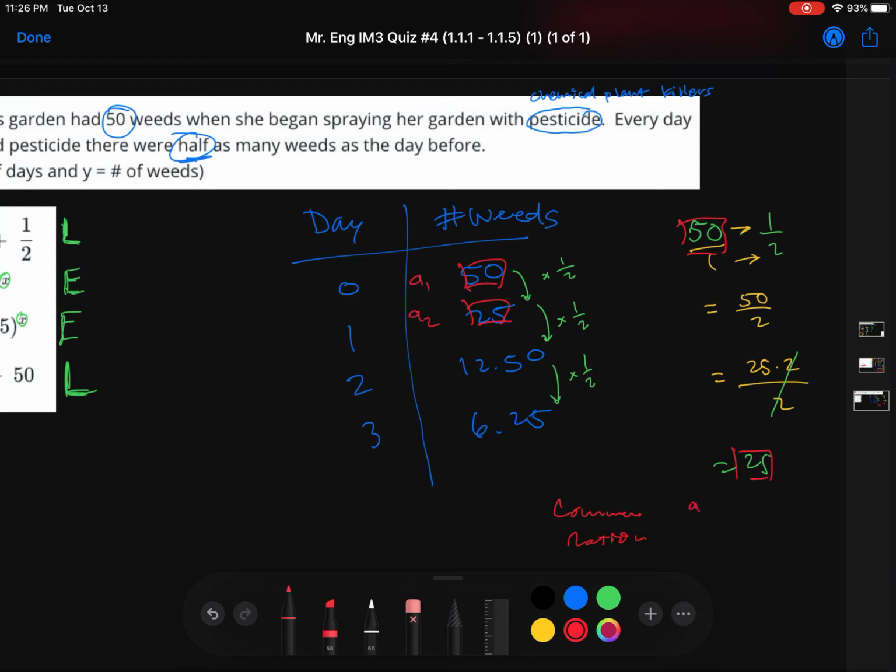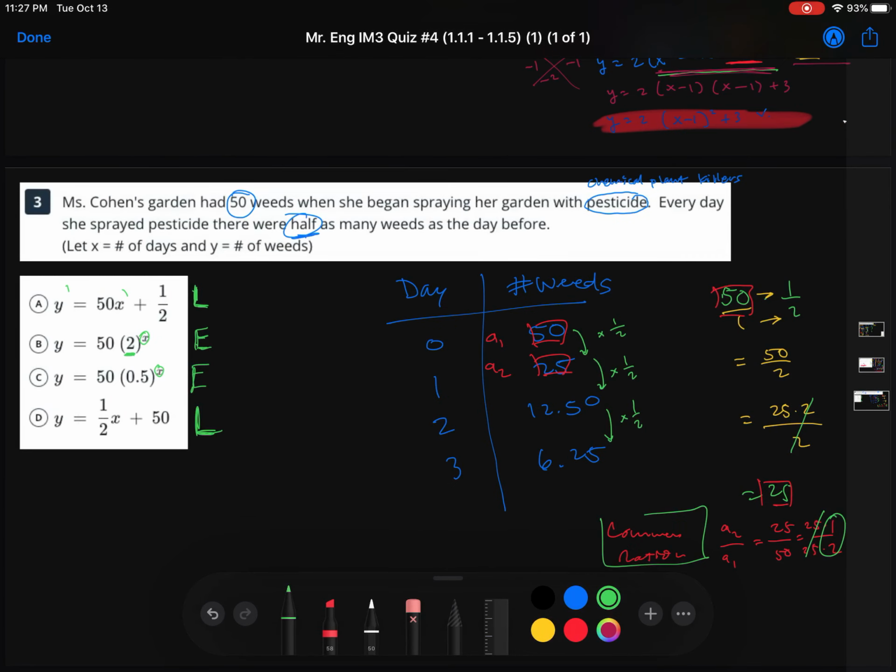You take the A2 divided by the A1, and you essentially get what we had, 25 over 50, and that's 25 times 1, 25 times 2, and 25's cancel, and you're left with a common ratio of 1/2. Okay? So, it is not linear. Nope.